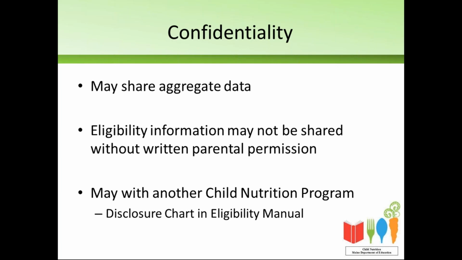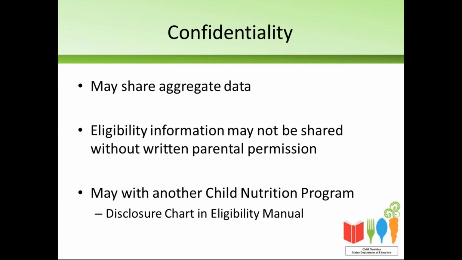If someone wants to know how many students in the classroom receive free or reduced price meal benefits, that information can be disclosed. If they want to know that Tommy receives free meal benefits, that information cannot be shared.